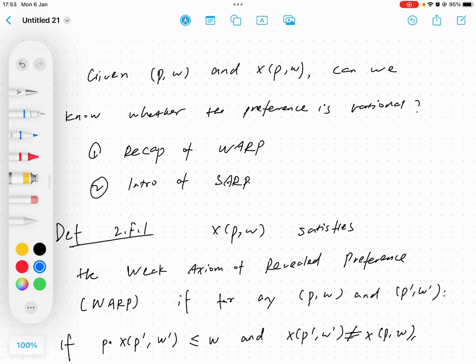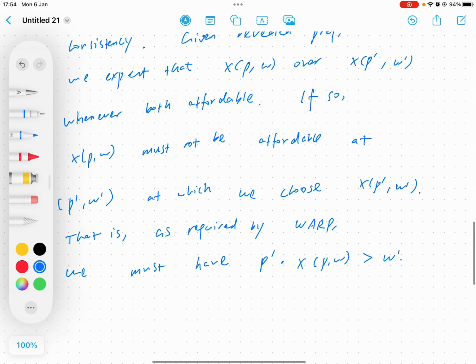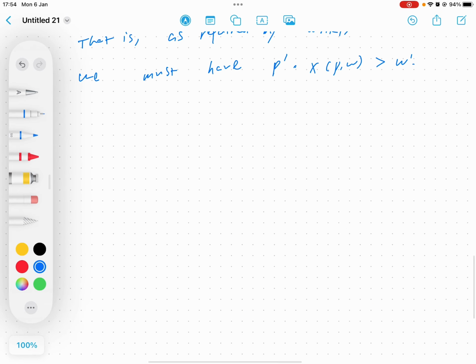All right. Today we'll talk about a stronger version of the revealed preference axiom, which is called the strong axiom of revealed preference, SARP. Then we'll see the difference between those two. That goes to the definition in the textbook, 3.J.1.